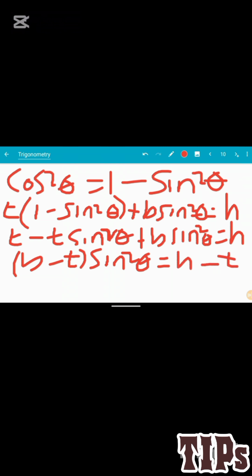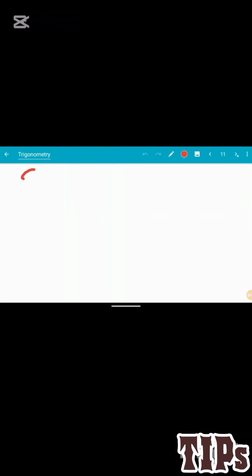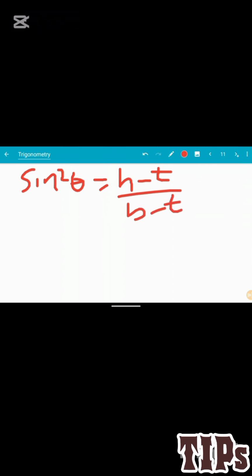Yes, we get h minus t. This is not the end. So we have sine square theta is equal to h minus t divided by b minus t.